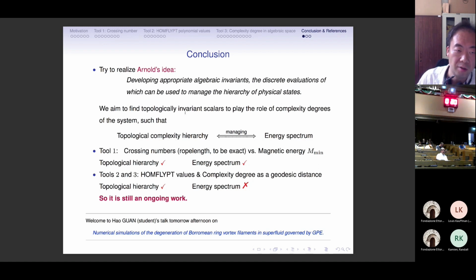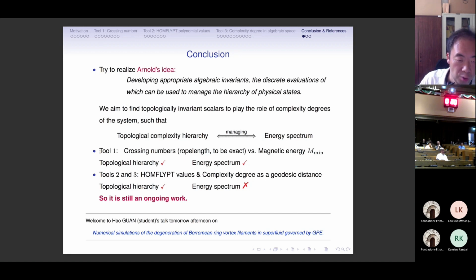So this is Arnold's idea. So we aim to find topologically invariant scalars to play the role of complexity degrees, such that we can establish a correspondence between the topological complexity hierarchy and the energy spectrum. We can use the left one to manage the right one.